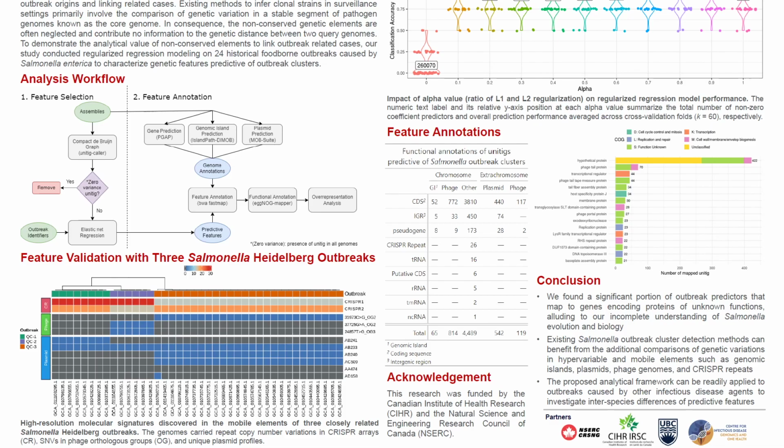And so it is quite clear that there are signals in these mobile elements that can be leveraged to resolve Salmonella outbreaks. And the typing of these mobile elements can serve as an effective complement to existing methods that primarily focus on the comparison of the Salmonella core genome.